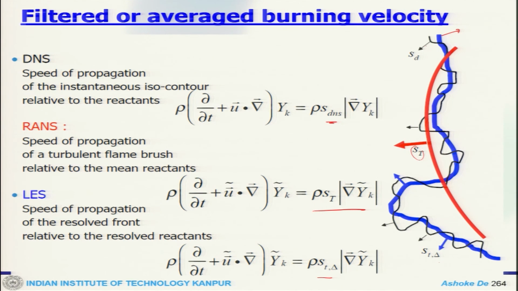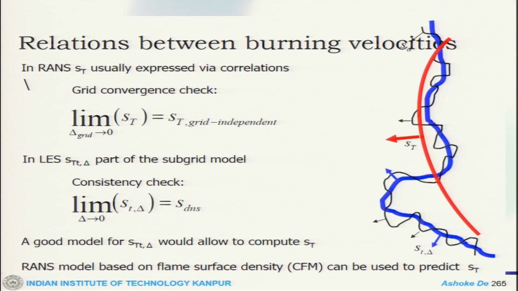And we have already seen there are different kinds of correlations which are available. The relationship between these is that in RANS, ST is usually expressed by a correlation in the RANS constant, and when you look at the grid convergence test, as the grid spacing tends to 0, this would be grid independent.